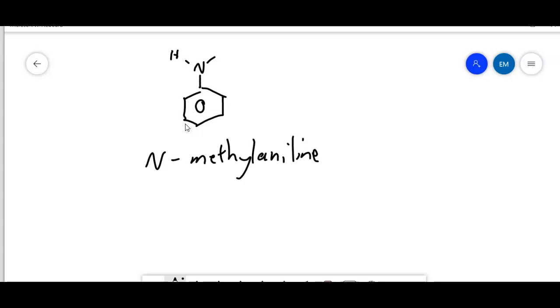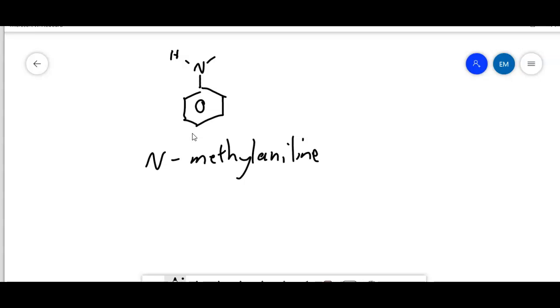When you start mixing those, if you put a methyl group on the ring, you no longer have aniline. It's a derivative, sort of a mixture of toluene and aniline.